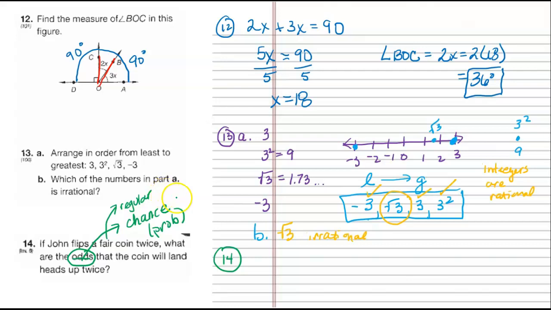I don't know why they have to make it difficult. But it says the probability of it landing on heads twice. So the probability of heads once is 1/2. The probability of heads twice is going to be 1/2 times 1/2. 1 times 1 is 1, 2 times 2 is 4. That's what we're going with.